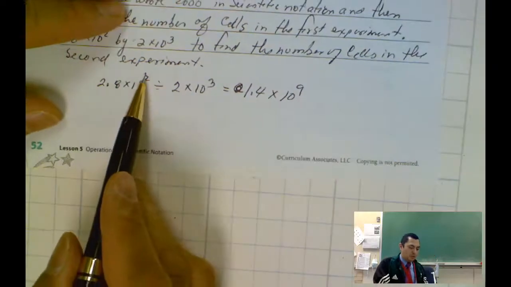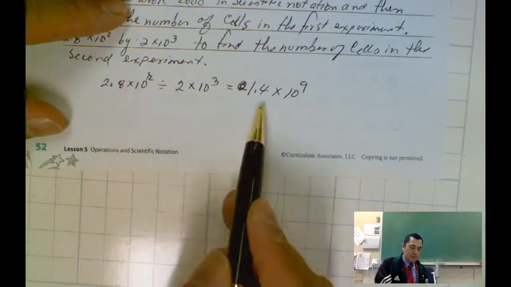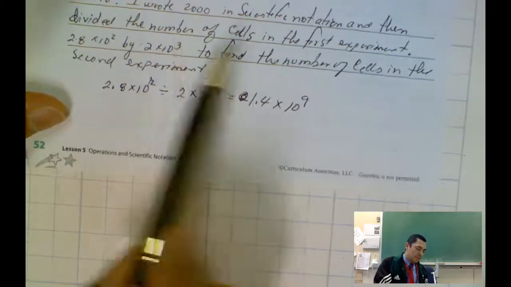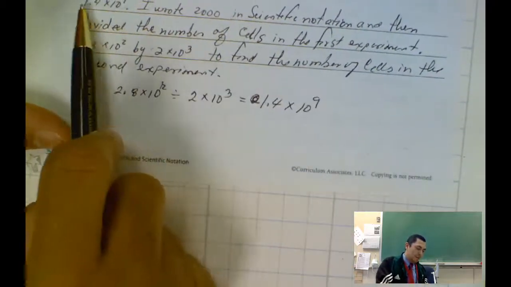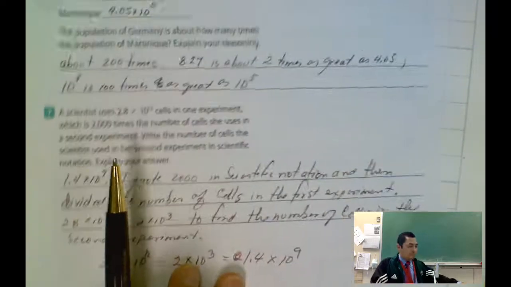So look at this one, 12 minus 3 is 9, and then 2.8 divided by 2 is 1.4, so in this case it is 1.4 times 10 to the 9, this number, okay? So that's 52. Let's do 53.